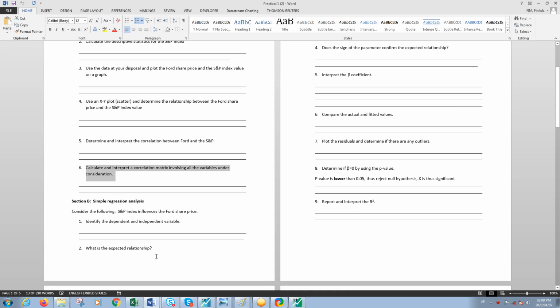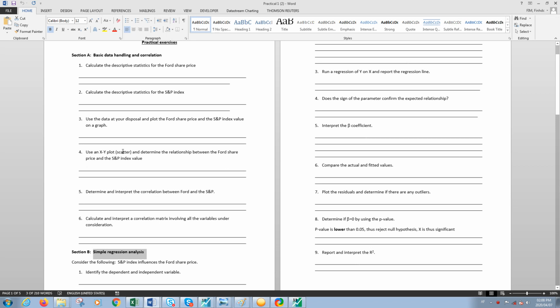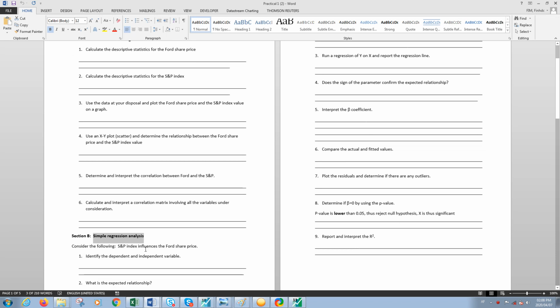Okay. So now we move away from your correlation analysis as well as your normal data analysis, and we get to the real stuff, the regression analysis part. Now this is only a simple regression. Simple regression typically refers to a regression analysis where you only have one dependent variable and one explanatory variable.